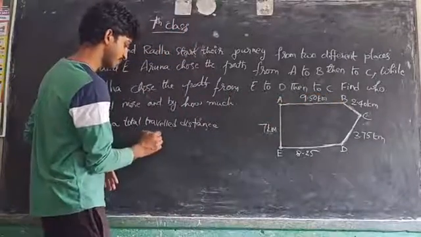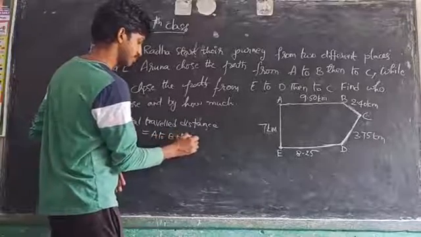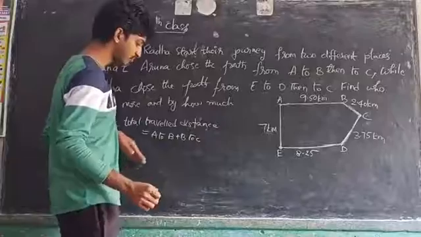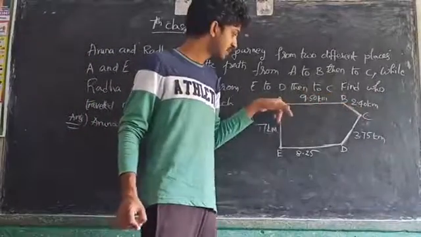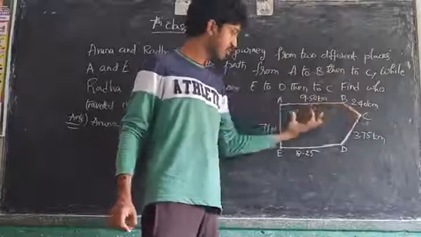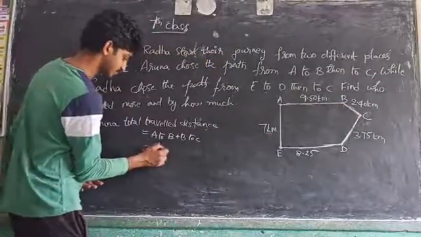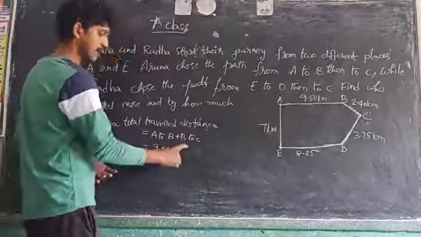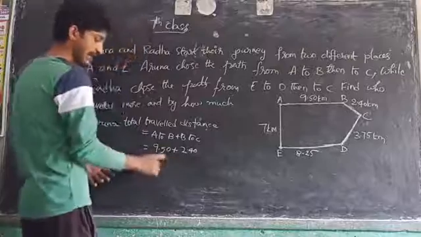A to B plus B to C. We have to add the distance between A and B and the distance between B and C, because he chose this path. So here A to B distance is 9.50 kilometers plus B to C is 2.40 kilometers. Now add these two numbers.